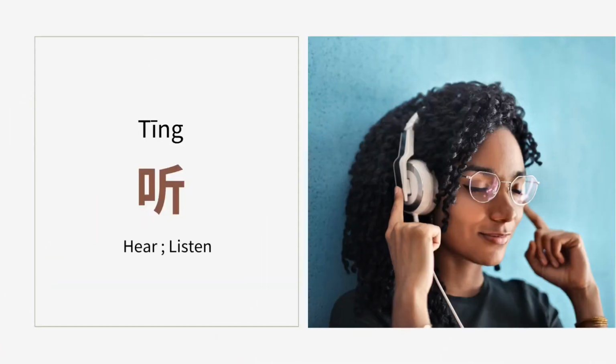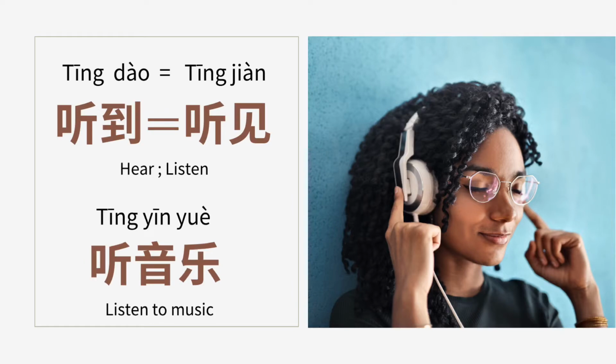So the first essential verb is 听, which means hear or listen. These two common phrases that you will use a lot. The first one is 听到. The second one is 听见. 听 plus a noun, let's say music, 听音乐.